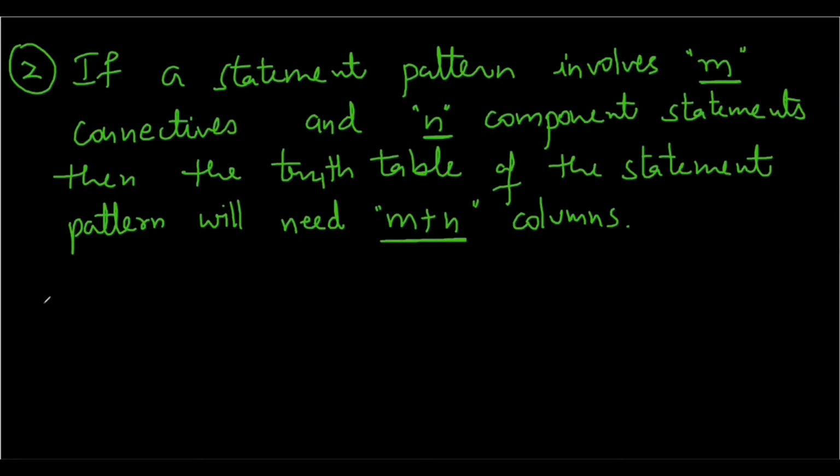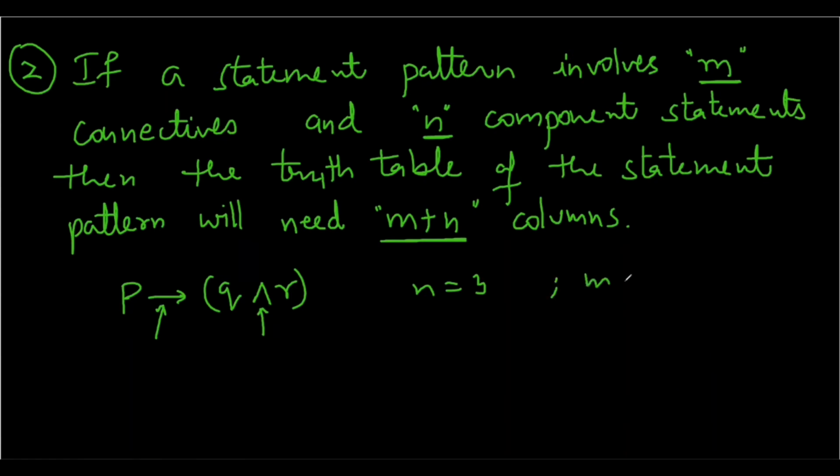Okay, now third pointer. So let me have an explanation for this. Suppose I have a statement pattern here: P implies Q and R. So here, how many columns will I have? See, 1, 2, 3, n is equal to 3. How many connectives? 1, 2. 2 connectives, right?